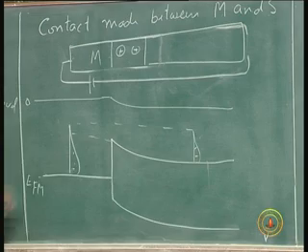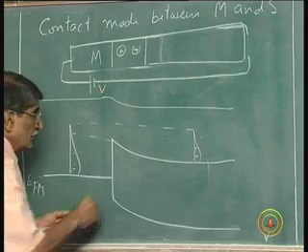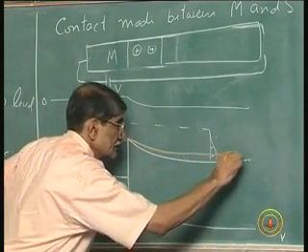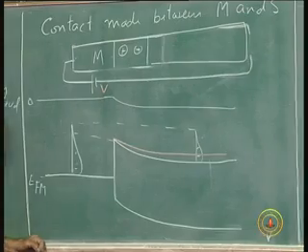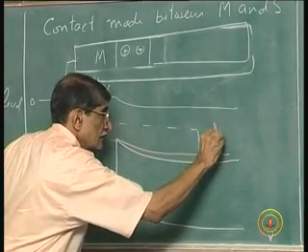Now, when I apply a forward bias V here, this shifts up. I can draw this with that color, and corresponding to that you will have this distribution like that.